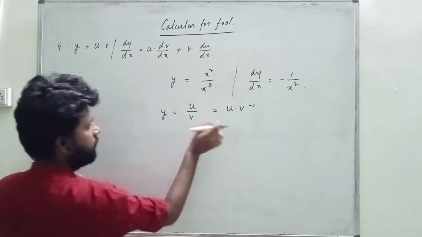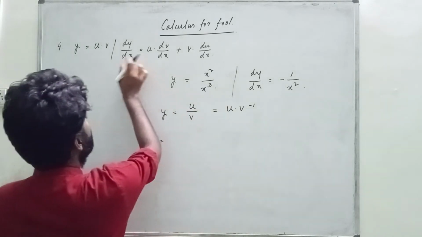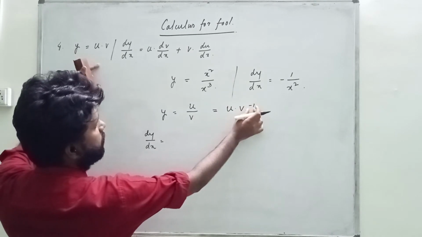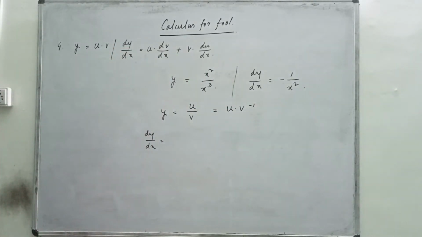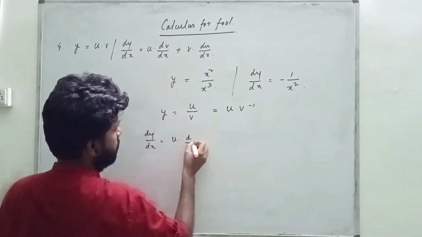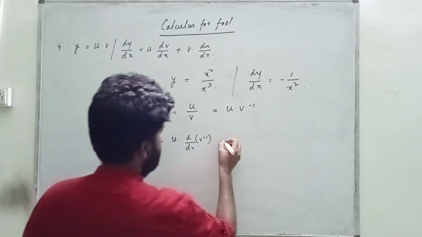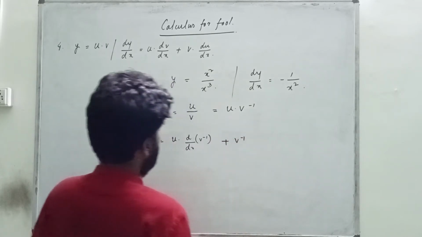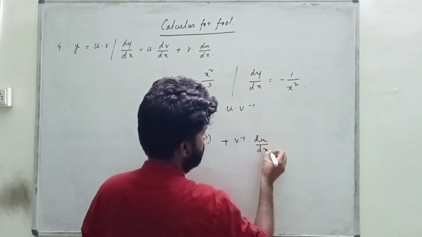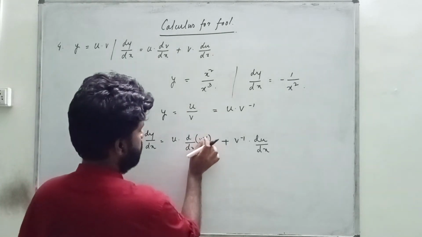Okay. So what is dy over dx? It is very simple. y is u into v to the power minus 1. Right? Okay. So what will go? u remains fixed, d dx of v power minus 1, plus v power minus 1 and then du over dx. Okay. And then all of you know what is this thing actually.